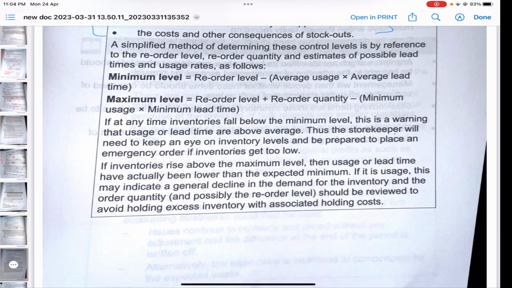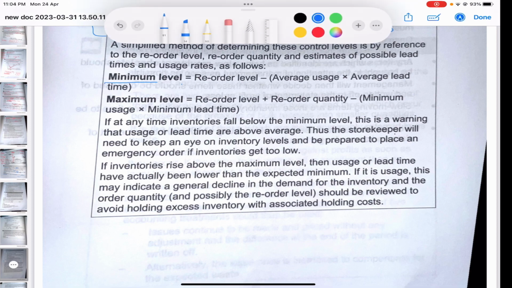A simplified method of determining these control levels is by reference to the reorder level, reorder quantity, and estimates of possible lead times and usage rates. So my minimum level is going to be reorder level minus average usage multiplied by average lead time. So what is my minimum level which I need to maintain? It would be the reorder level minus how much I'm using on average multiplied by my average lead time.